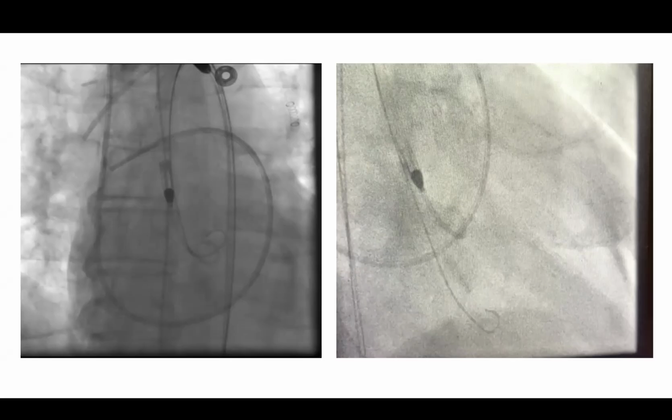Absolutely. For this particular case, we were prepared to do that, but we were stable enough that we were able to get it down. But yes, absolutely. As a thought, so people know what to do, if a patient's crashing and you have the Impella and it doesn't push across, it probably is better to just put a new one in.